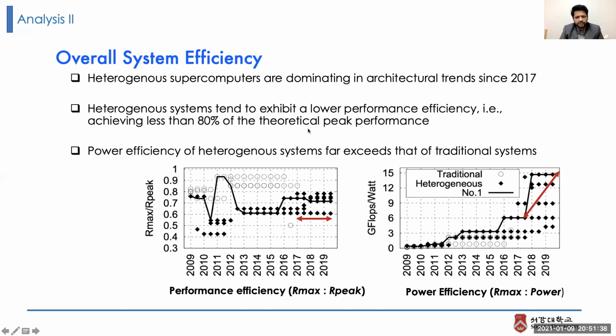Specifically, the average power efficiency of the heterogeneous machines, 5.5 gigaflops per watt, is about 5 times higher than the average power efficiency of the traditional machines, which is 1.1 gigaflops per watt. Our observations clearly demonstrate the benefit, that is energy efficiency, and also the challenges, that is technical obstacles to realize the potential performance of the heterogeneous architectures.